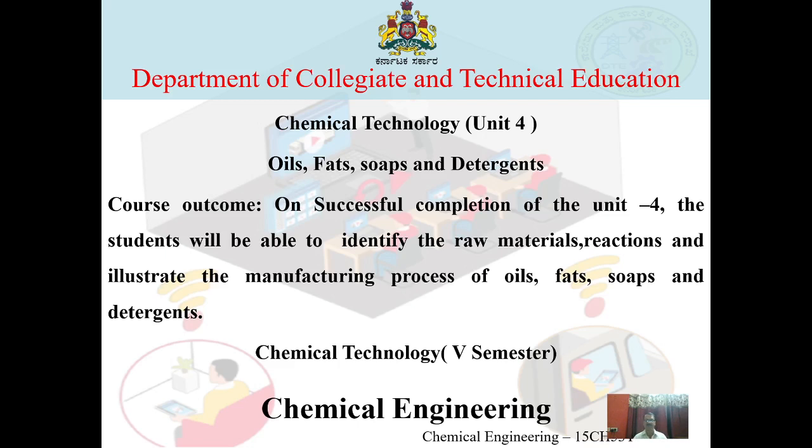From this base soap, we can produce toilet soap, bar soap, or industrial soap, right? And builders are added to boost the properties of soap, and also colors and perfumes are added. Number one is to attract the customer. Number two, to remove the original color and odor of this soap.